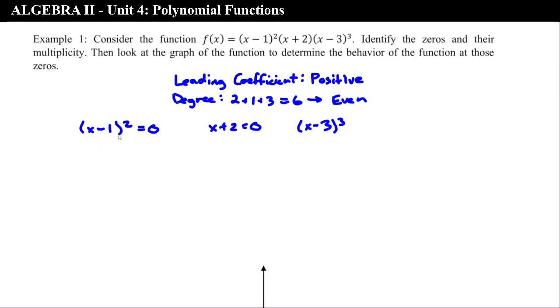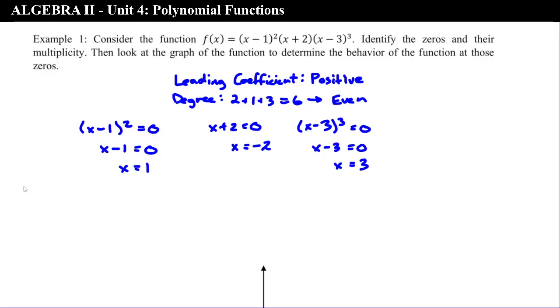Okay, so if I take the square root of each side, the square root of this side is x minus 1, and the square root of 0 is 0, so we get x equals 1. This one's simple. We just subtract 2 from each side. We get x equals negative 2. And for this last one, we have the cube root of each side. Well, the cube root of 0 is 0. And we add 3 to each side. So we get x equals 3.